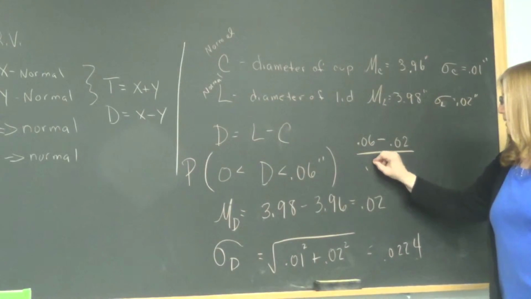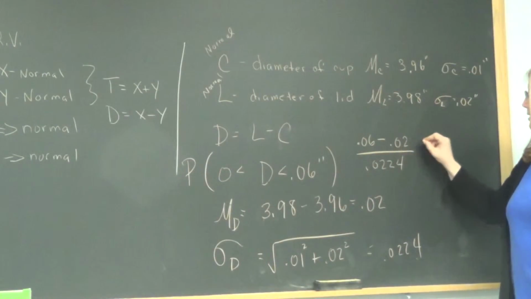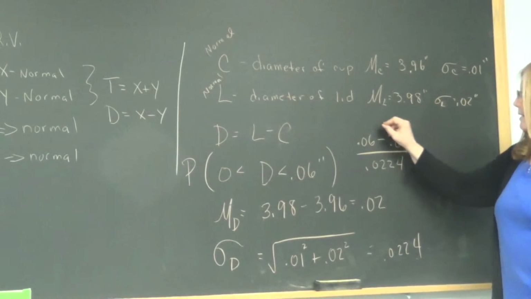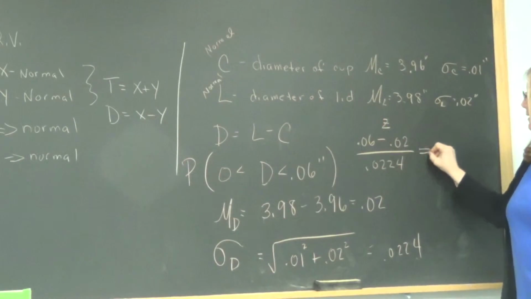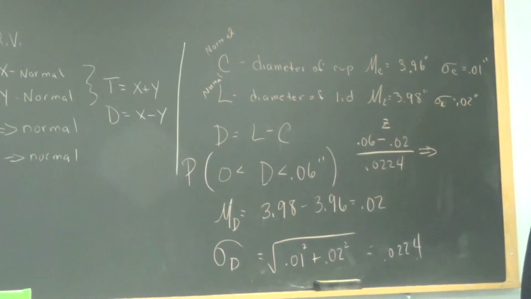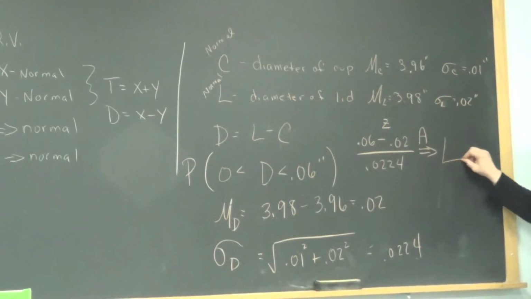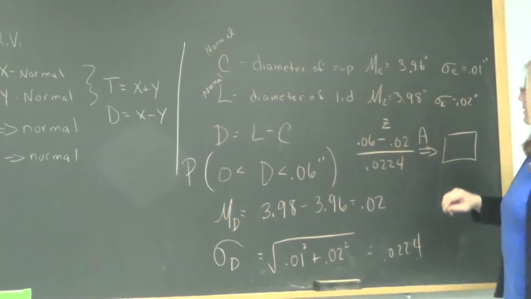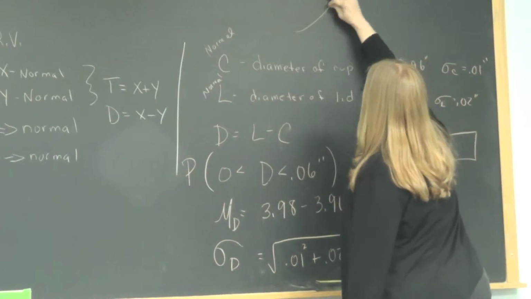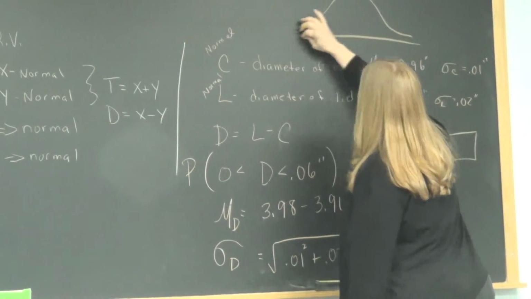Then that's going to be your z-score. So I'll put a z up there. Then you take that z-score to your chart and come out with a number. Tell me what that z-score is and I'll chart it for us.